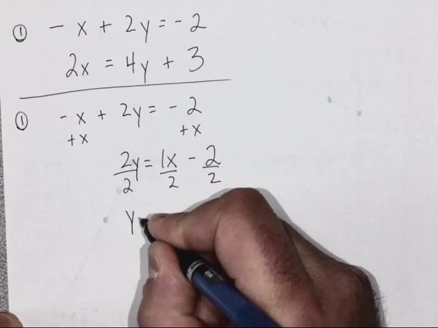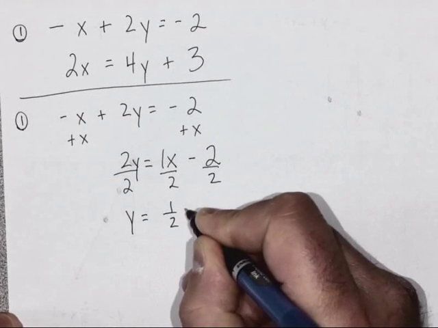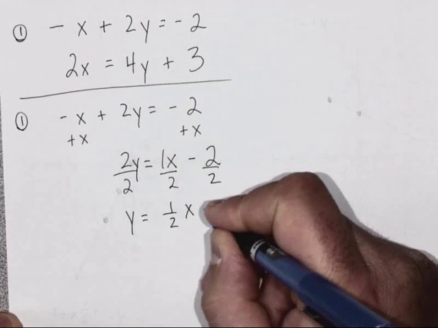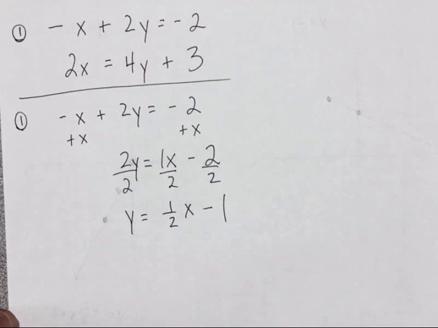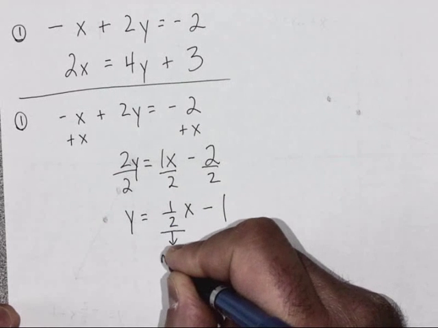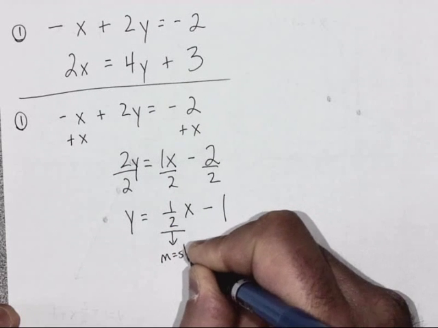So y equals positive 1/2 x, because 2 is not going to divide into 1, so that's going to stay a fraction, and then 2 divided by 2 is obviously 1. So now this is in slope-intercept form. The slope of this equation is 1/2.